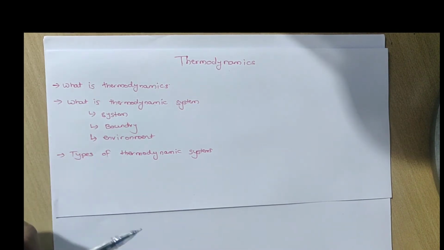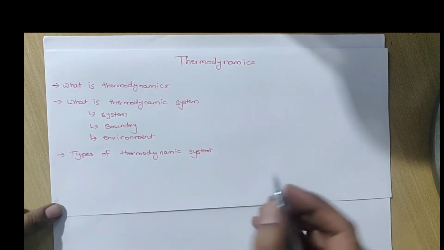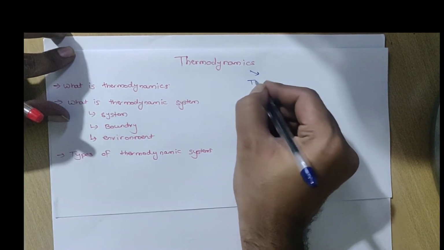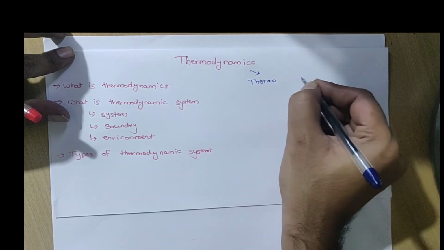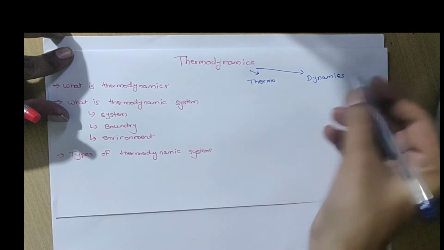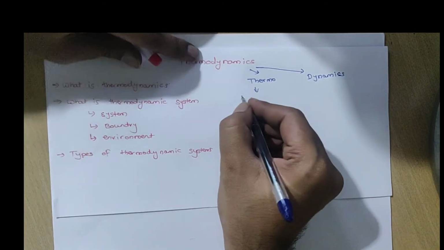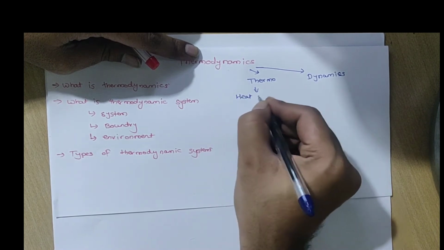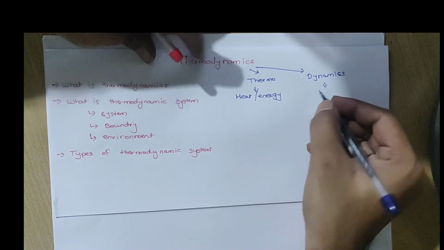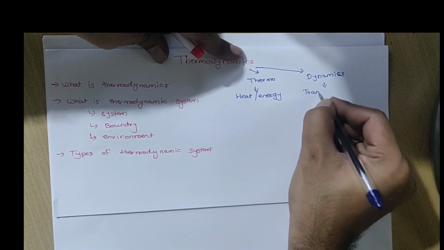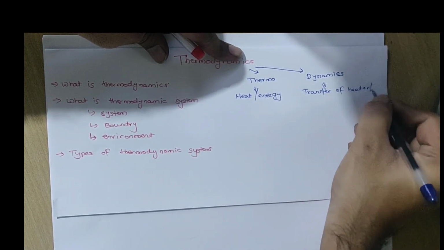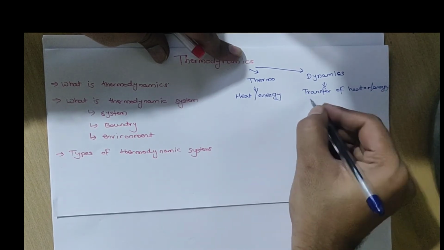So let us first start with understanding what is thermodynamics. So basically thermodynamics, the word comprises of two different words, that is thermo and dynamics. So thermo means, as the name suggests, it is heat or energy, and dynamics means transfer of heat or energy or movement.